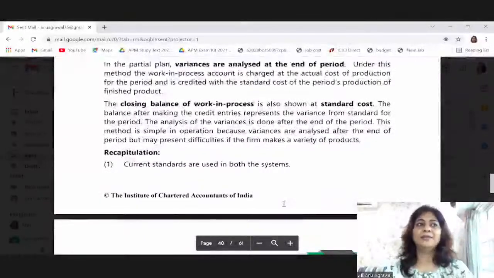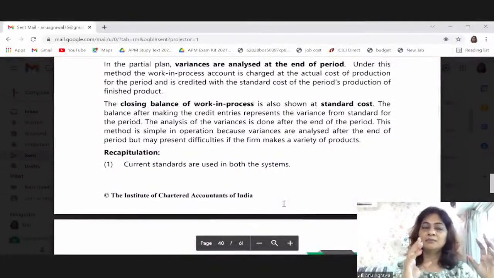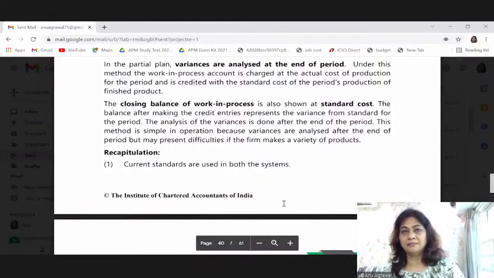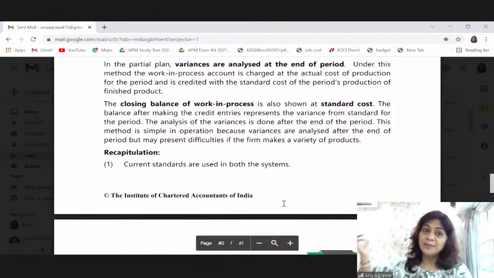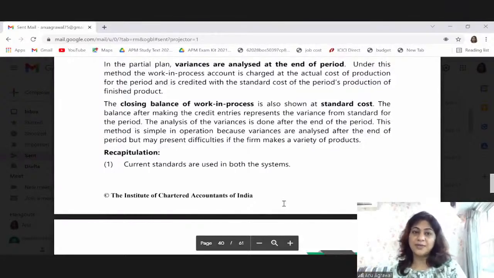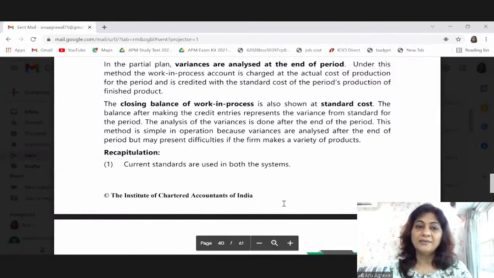And partial plan means we make our material account, wages account, and when we are making a WIP account, that is from WIP when I'm transferring, that time I book up all my variances, right? Whether it is relating to material or labor or overheads, right? So that time we are booking all our expenses.